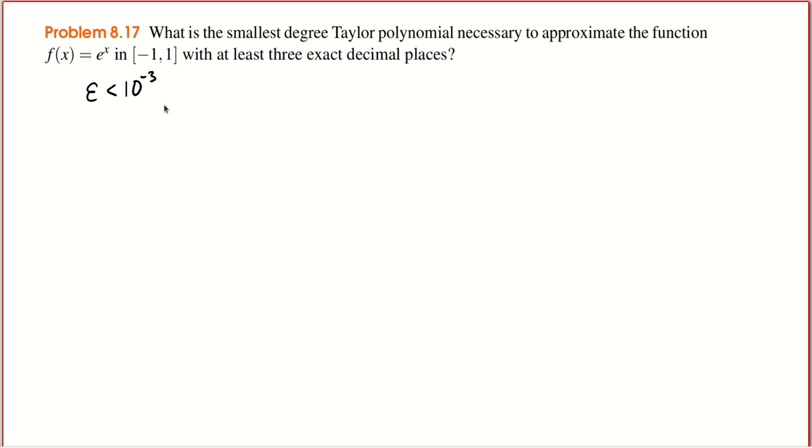So that is the question. And since the error of the Taylor approximation is given by the remainder, what we have to do is calculate the remainder for an arbitrary degree, an arbitrary n. The remainder of the exponential is easy because the nth derivative of the exponential is the exponential.